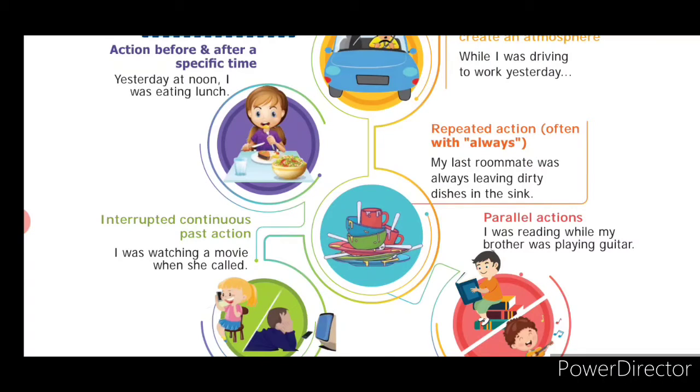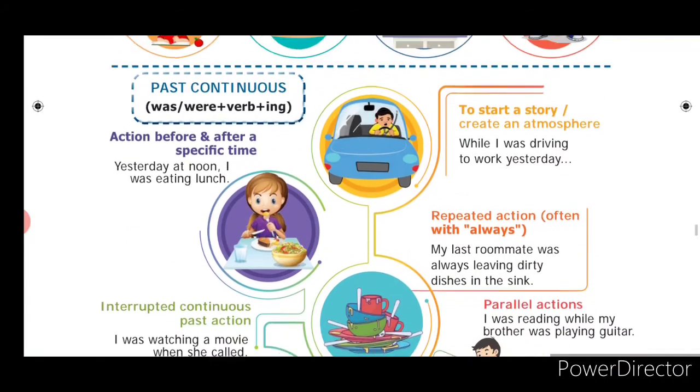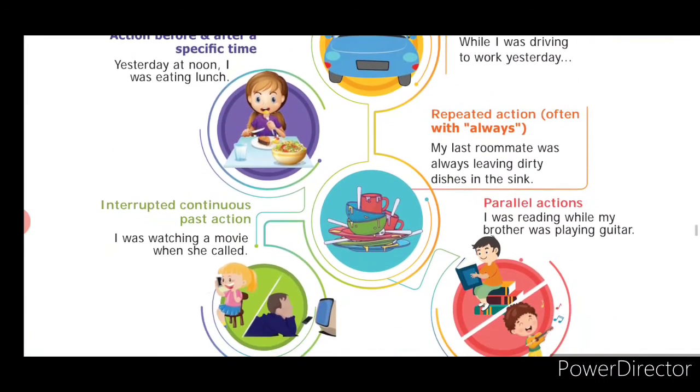This form is used for an action that was going on at a certain time in the past, then an ongoing or unfinished action in the past plus a completed action, then two completed actions. When we use it to say two completed actions, in those cases we will be using past continuous tense.